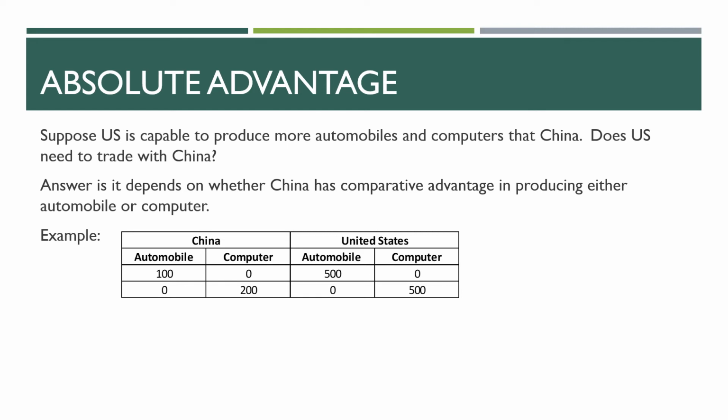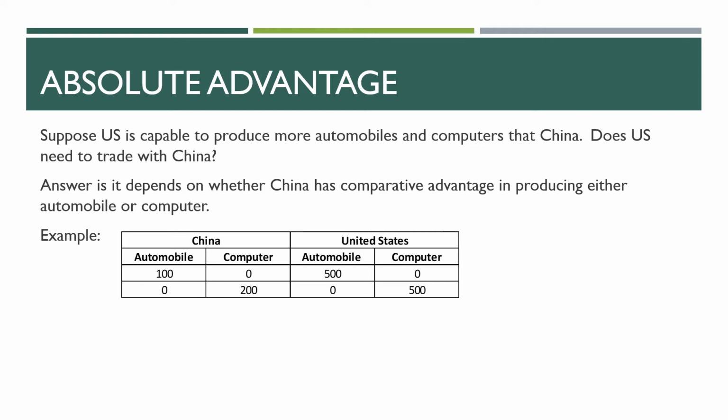So what do we mean by absolute advantage then? The absolute advantage concept refers to this: assume two countries have the same level of resources and technology, but one country can produce more of one good compared to the other. In this case, the United States has an absolute advantage on both automobiles and computers compared to China.